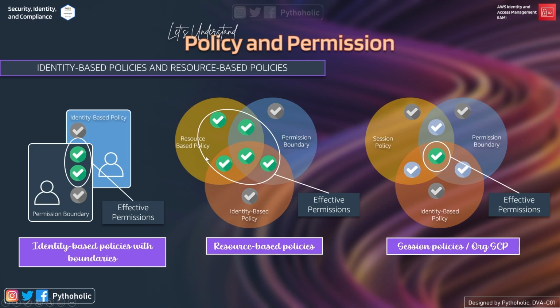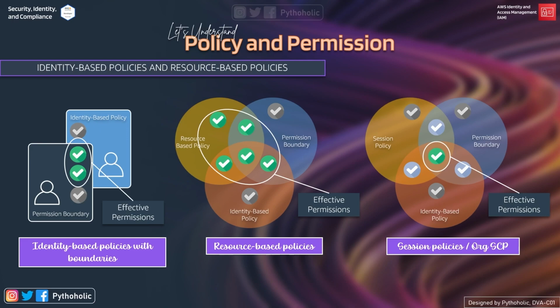Next one is the effective permission of resource based policies that lies between the union of identity based policy and resource based policy and the permission boundary. But there is one difference here. And the difference is that the resource based policy is not dependent on the implicit deny. As I already told you, it is not dependent on the implicit deny. Implicit deny is like you haven't written anywhere in any policy that the effect is deny.